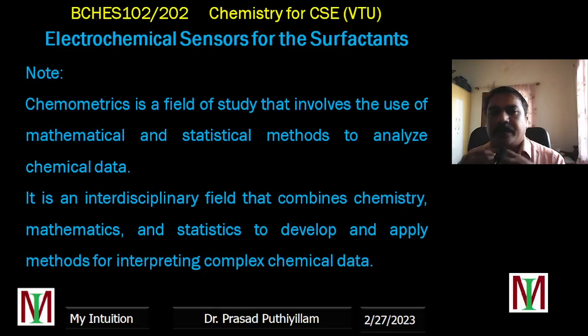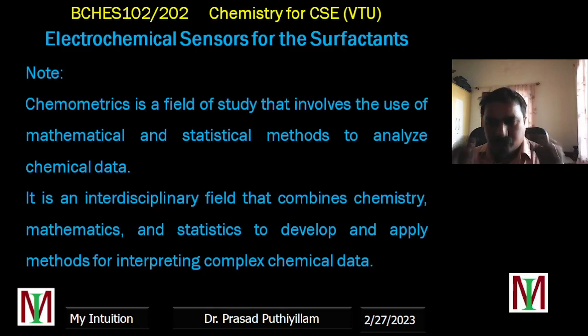Just a note that chemometrics is a field of study that involves the use of mathematical and statistical methods to analyze chemical data. That means already measured or theoretically possible data are matched, and the data are connected to the present sensing.